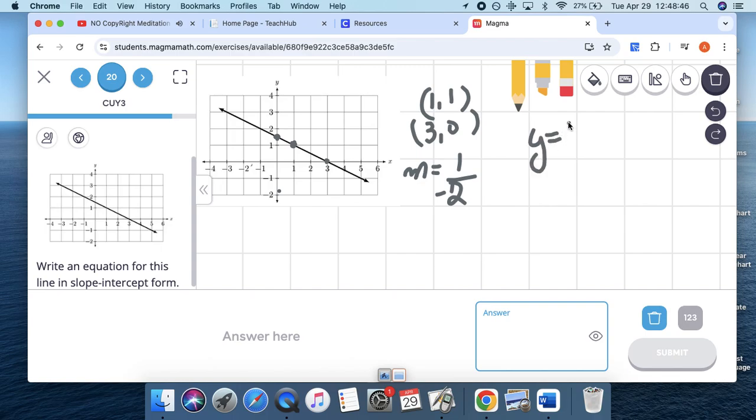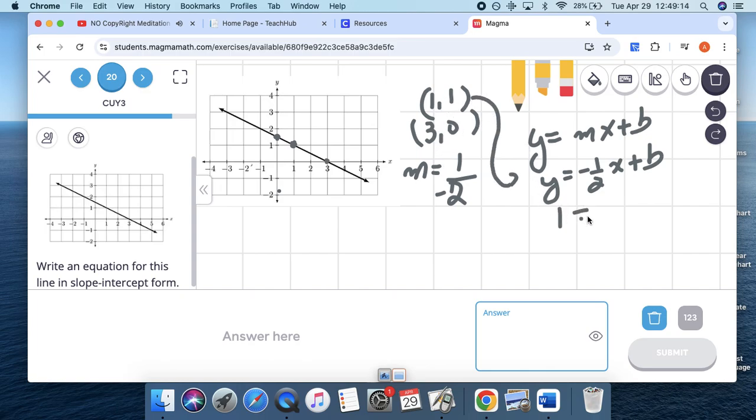Going to my equation, mx plus b, I have the slope, negative 1/2 x, and then plus b. We're going to pick a point, whichever point you want. In this case, I will pick (1, 1), and substitute.